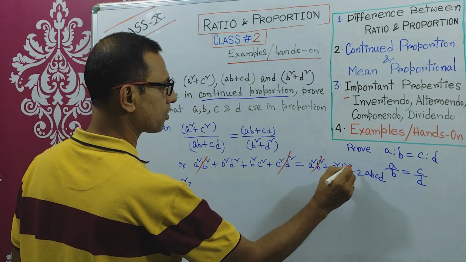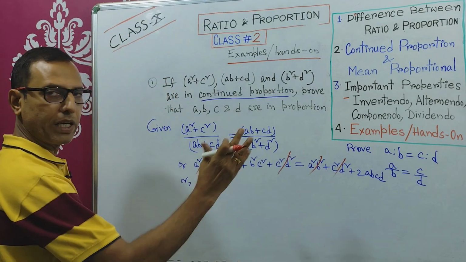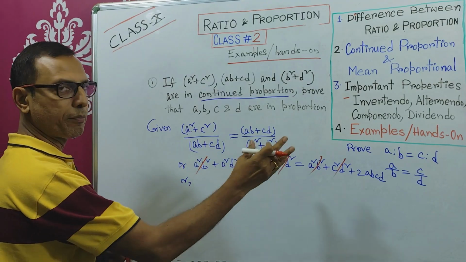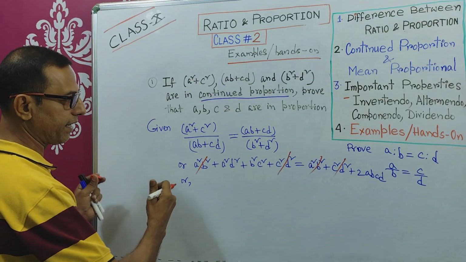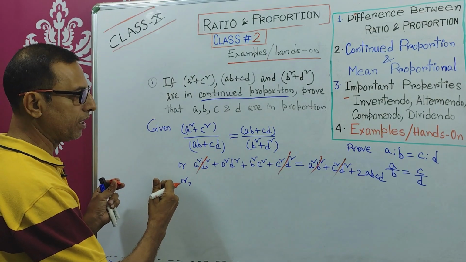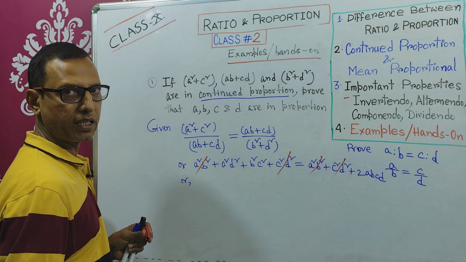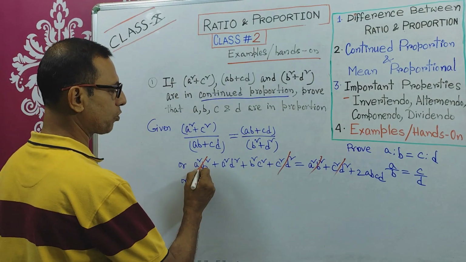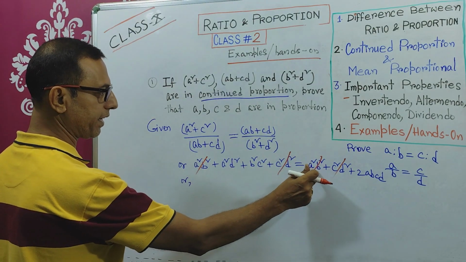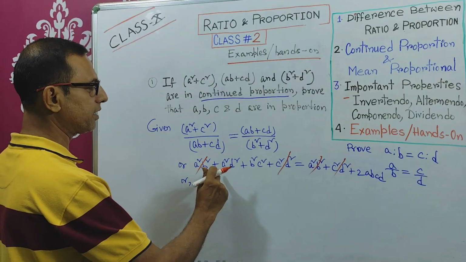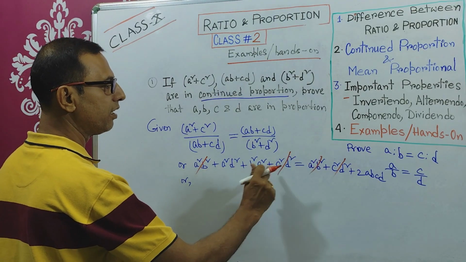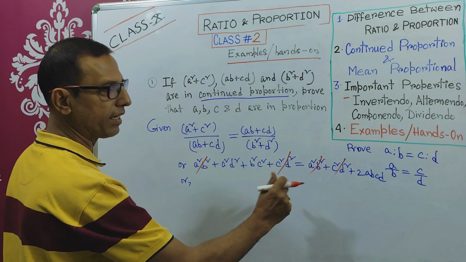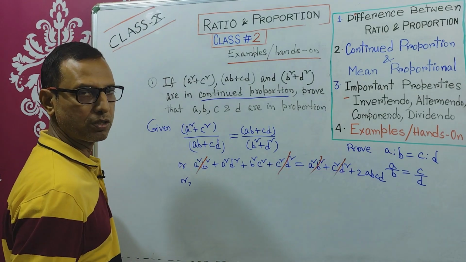C square D square is cancelling. If you change the side, I am just making it simple here, you take the entire expression to the left side of the equal sign and the right side will be 0, right? So A square B square minus A square B square, and changing the side means changing the sign, so C square D square minus C square D square, right?